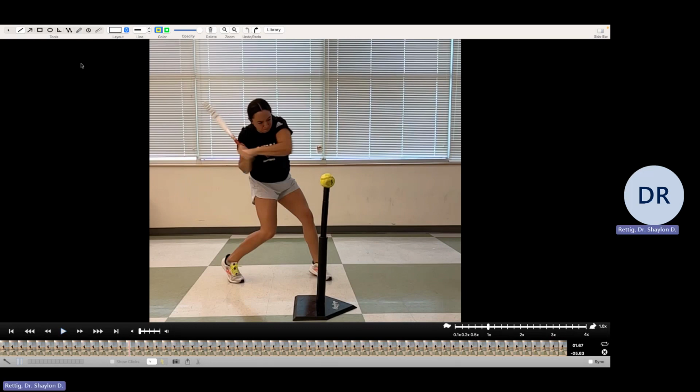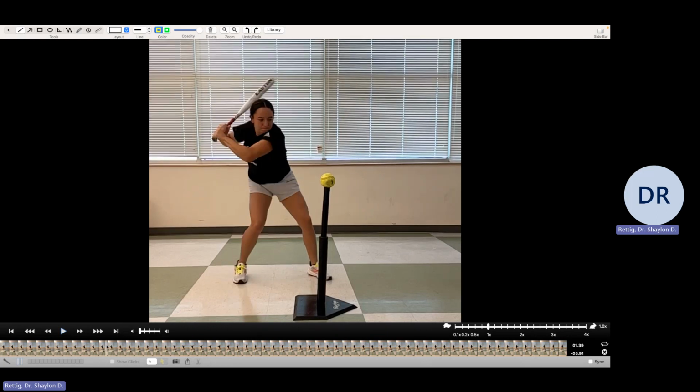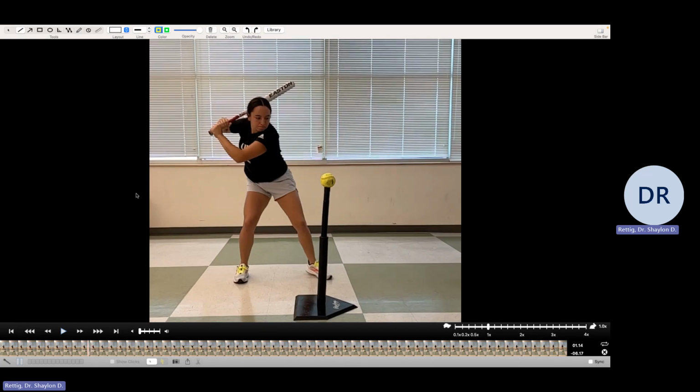Good alignment with your hands and your elbow. That's what we want to see. So good elbow hand movements, meaning that you're not pushing through on the swing. We also want to make sure at toe touch you're not dumping the barrel. So at toe touch, you want those hands further away from the pitcher.